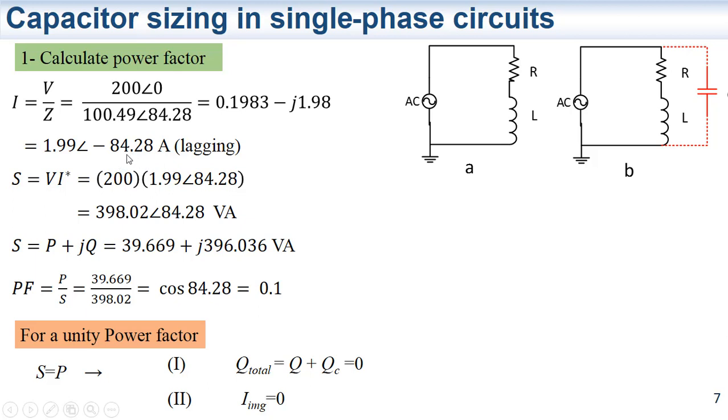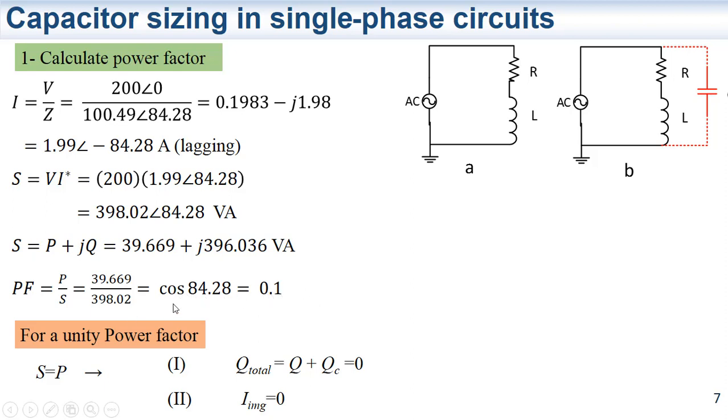Knowing that the power factor is cosine theta, the apparent power, which is the voltage multiplied by the current conjugate, equals 398 volt-ampere, and that can be written in terms of the active and reactive power. The power factor, as we mentioned earlier, is a ratio between the active power to the apparent power, or its cosine theta, which is 0.1.